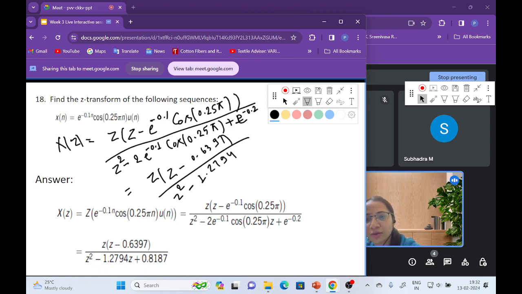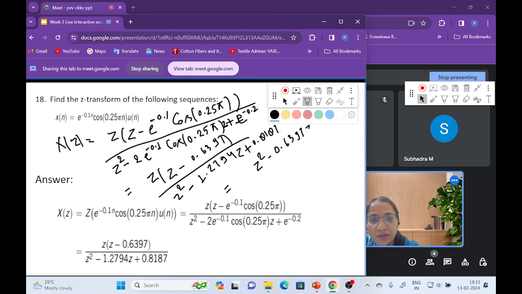There is a z term also there, plus e to the power minus 0.2 value is 0.8187.